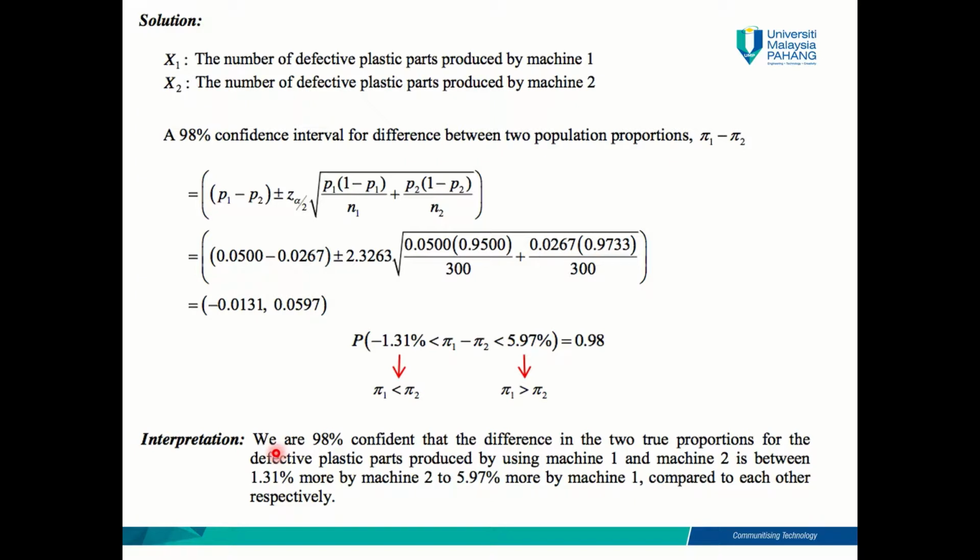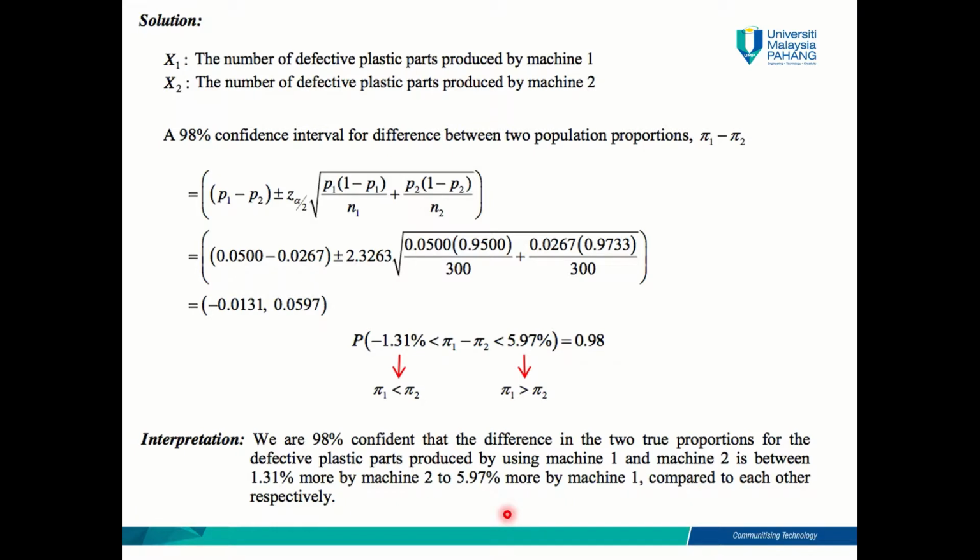Okay, you need to interpret, we are 98% confident that the difference in the two true proportions for the defective plastic parts produced by using machine 1 and machine 2 is between 1.31% more by machine 2, to 5.97% more by machine 1, compared to each other respectively.